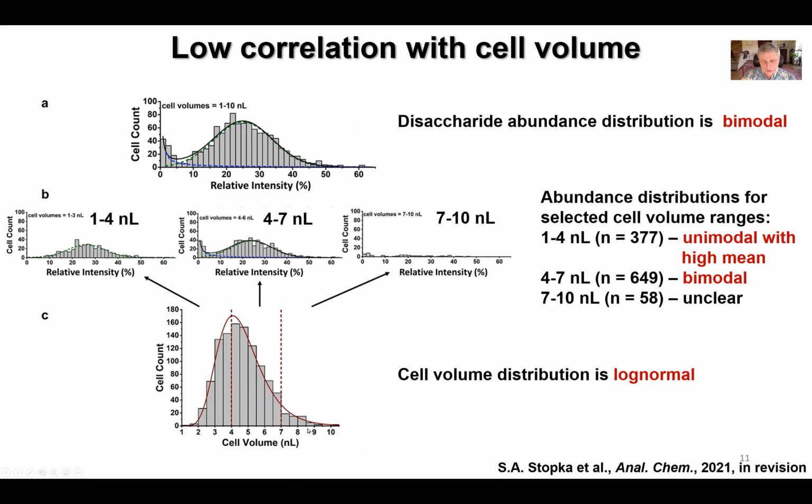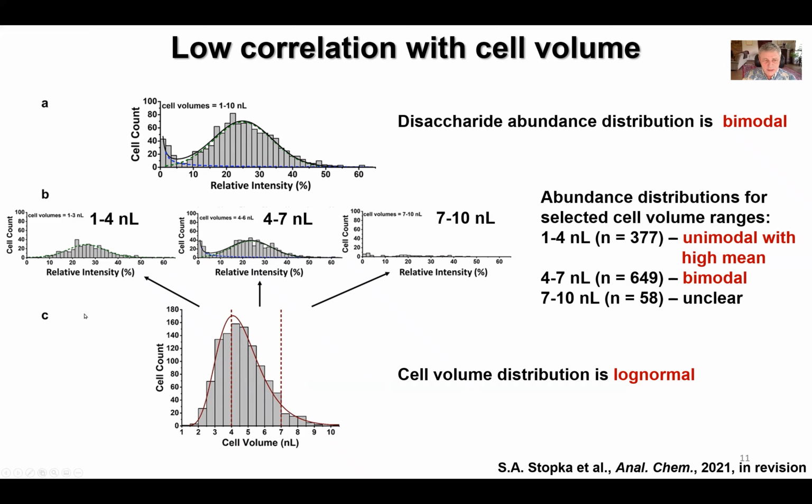So we measured, using morphometry, the cell volume distribution, which turned out to be also log normal. It's shown here. And then, because we could relate the analysis of the cells to their cell volumes, we were able to separate out from this bimodal distribution small cells with small volumes, medium volumes, and large volumes.